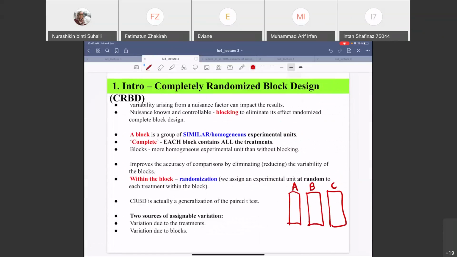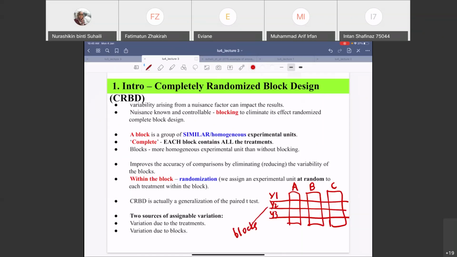So in the previous topic there was no block, no level, but here let's say we introduce blocks. That is the difference. In terms of students, the easiest example is year 1, year 2, year 3. So these are the blocks. Again, let me introduce it again.